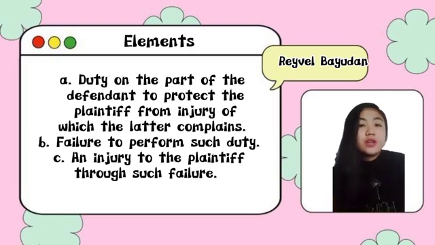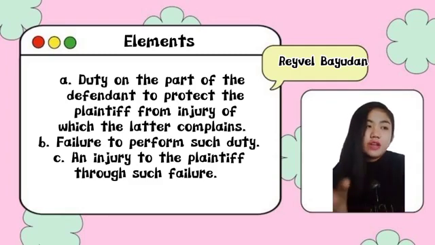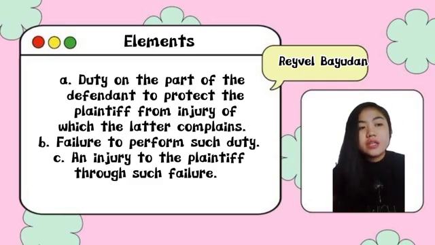For example, Paulo is a passenger in a taxi. So, here, there is considered a contract of carriage between Paulo and the owner of the taxi company. So, in consideration of the fare to be paid by Paulo, the owner of the taxi company, through the driver, agrees to safely bring Paulo to his destination.